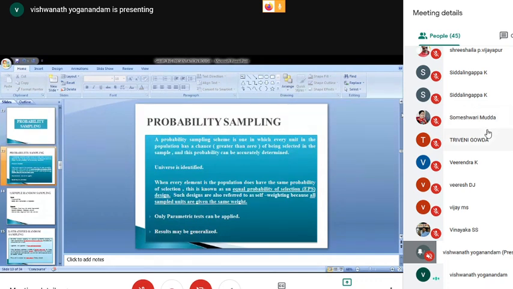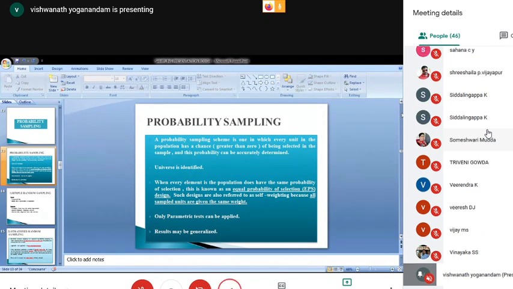If you get the same name again, you discard and take again. The probability is 1 by 50; that is the idea of probability sampling. Keep that in mind. This is called sampling with replacement and sampling without replacement, and please remember, sampling with replacement is always better. So for probability sampling, you identify the universe.